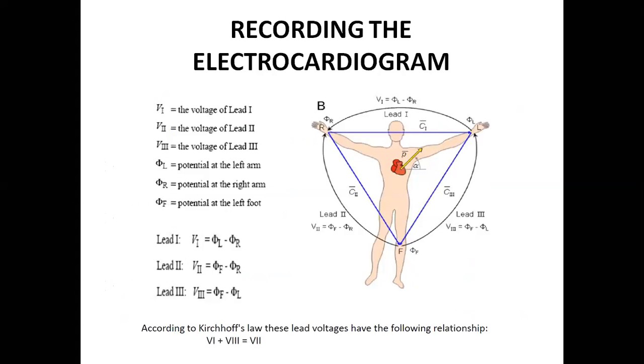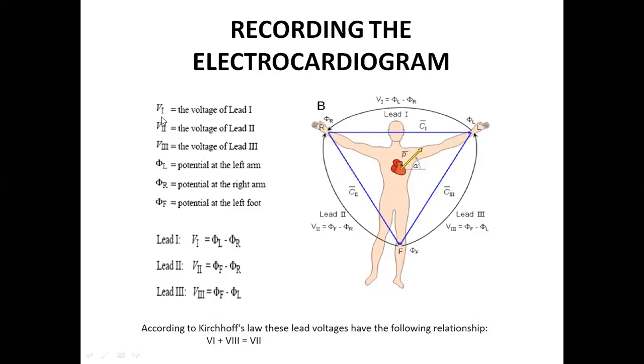Now you can see the human body and heart. When the limb leads are connected to the human body, they form an equilateral triangle, meaning each angle of this triangle is 60 degrees. From the heart position, L, R, and F are equidistant.